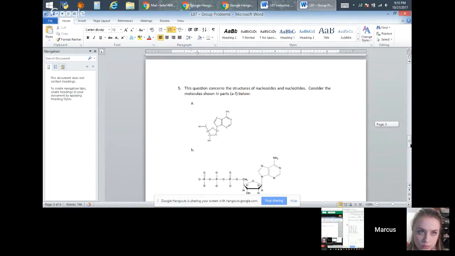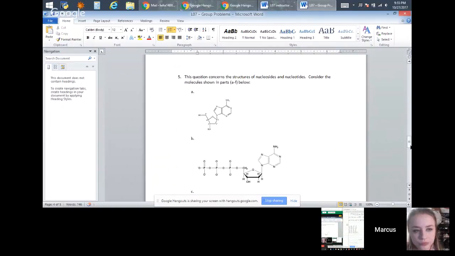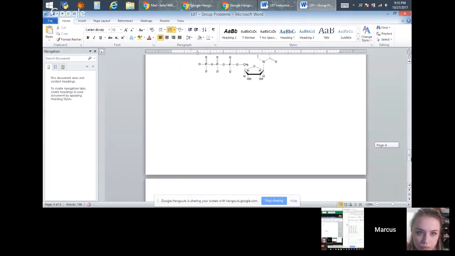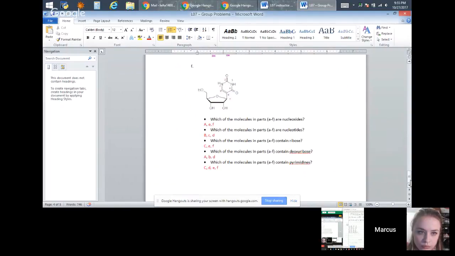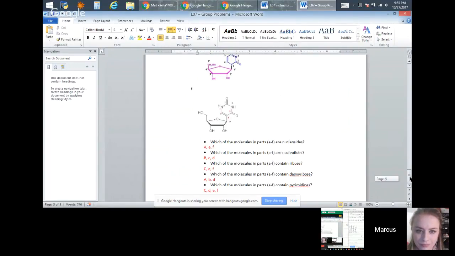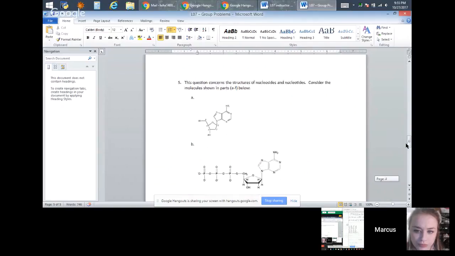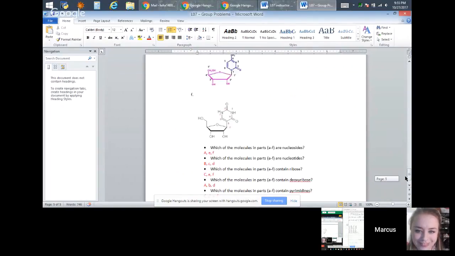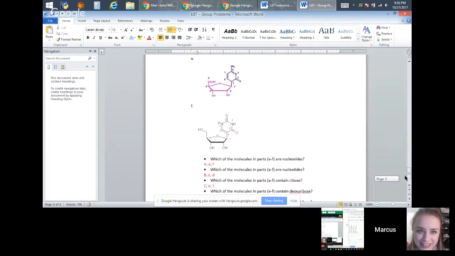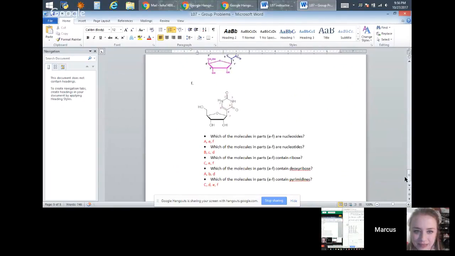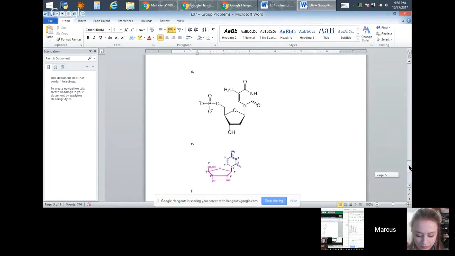Okay, and then part 5 has several different molecules, and we're just trying to figure out what is what. And so the question is, which of the molecules in parts A and F are nucleosides? And when it comes to nucleosides, I might need help remembering real quick from y'all. Nucleosides were just attached to a sugar, right?